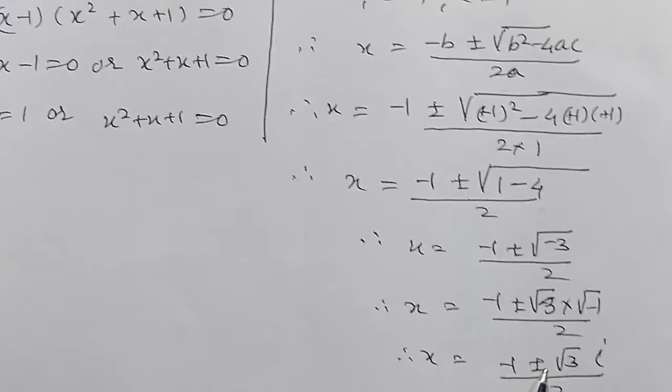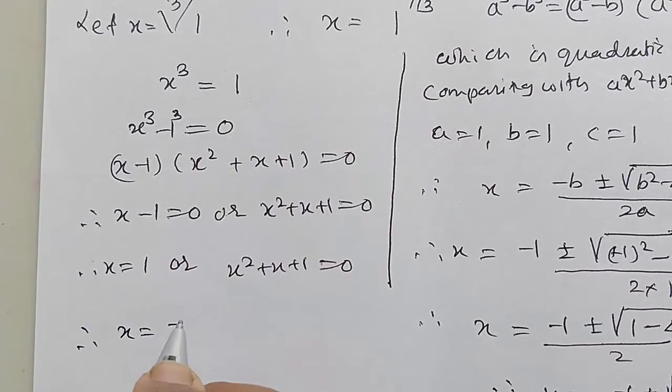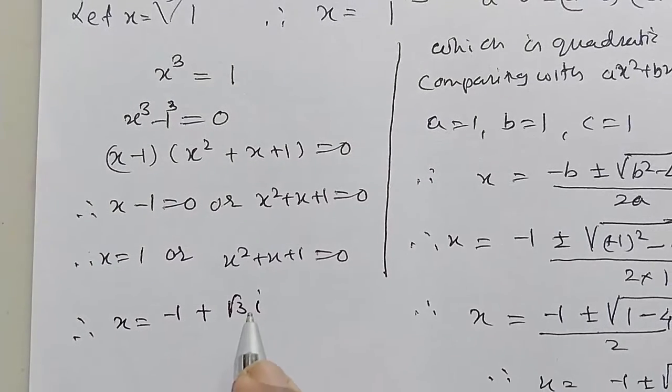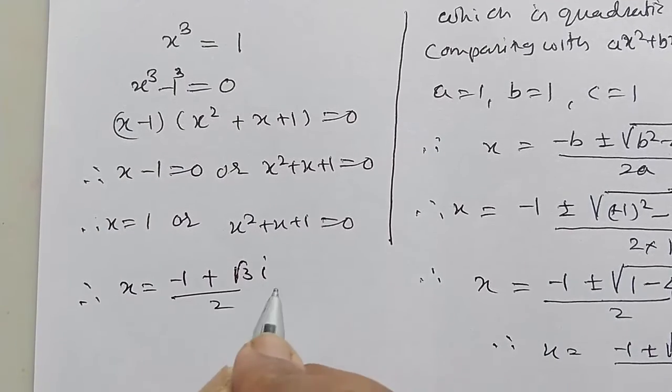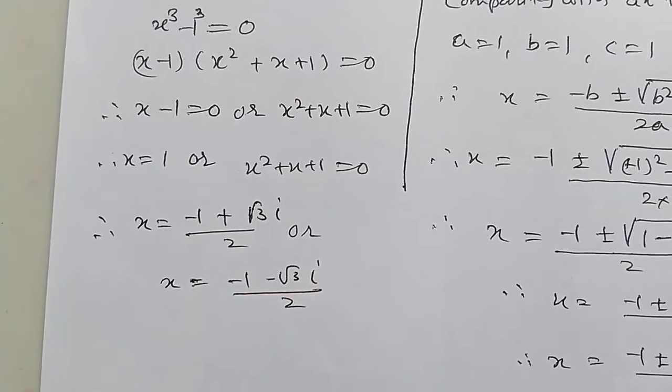These are the values of x. Therefore, x is equal to minus 1 plus root 3 i upon 2, or x is equal to minus 1 minus root 3 i upon 2.